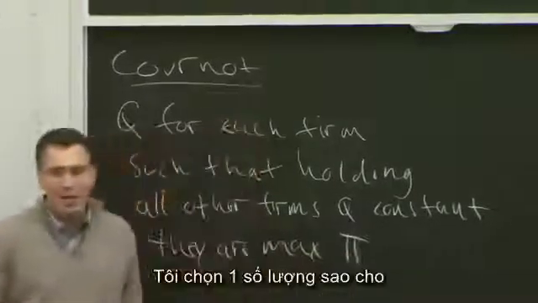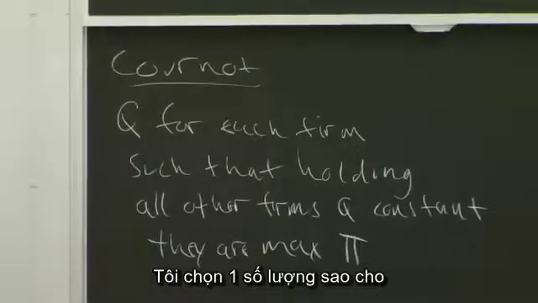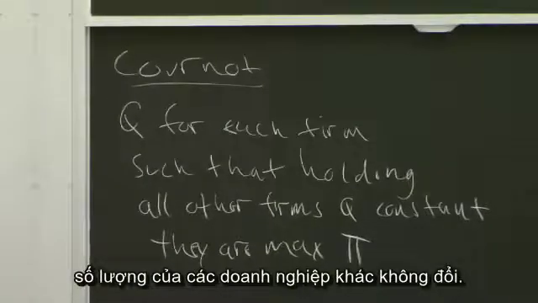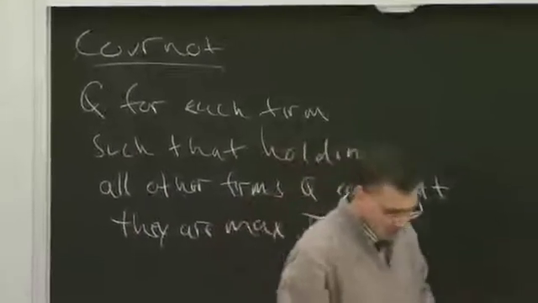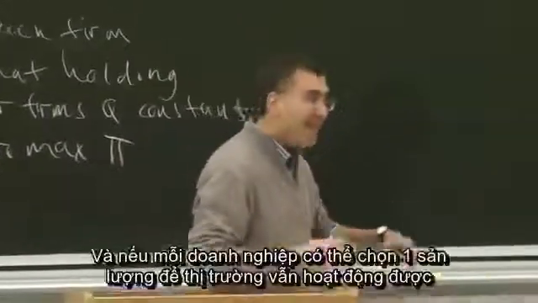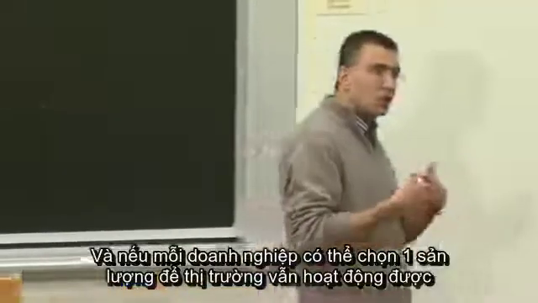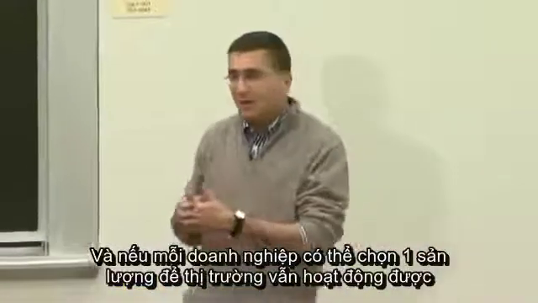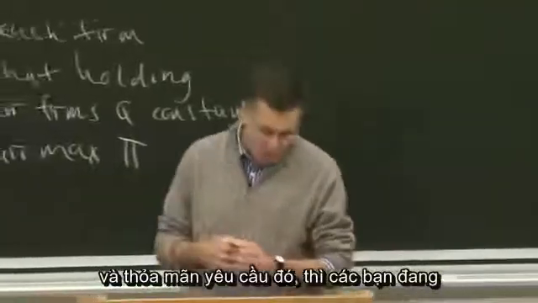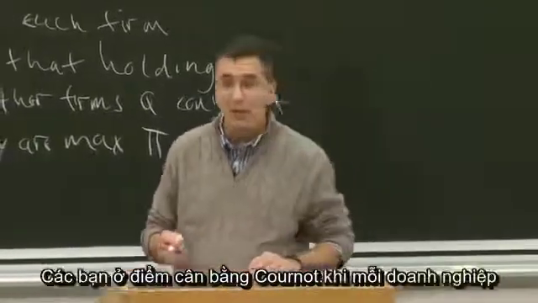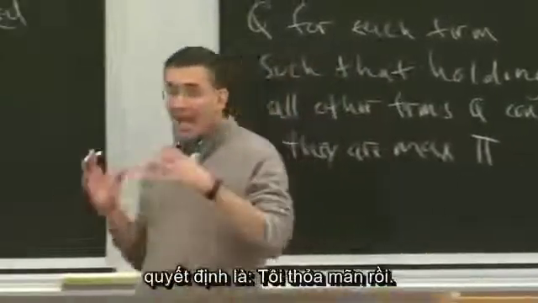So I choose a quantity such that, holding all the other firms' quantities constant, I'm choosing a profit maximizing quantity. And if each firm can choose a quantity that makes the market function where this is met, then you're in Cournot equilibrium.